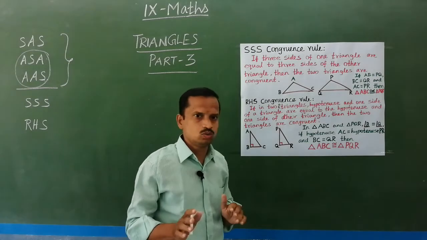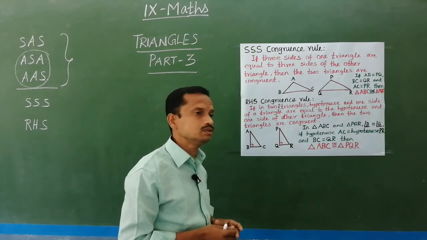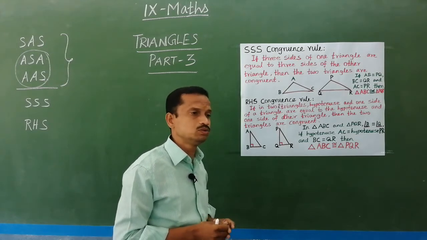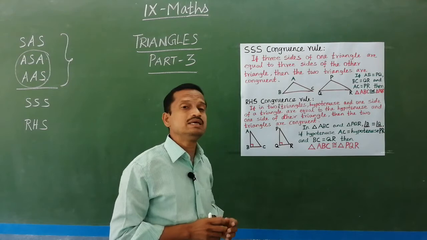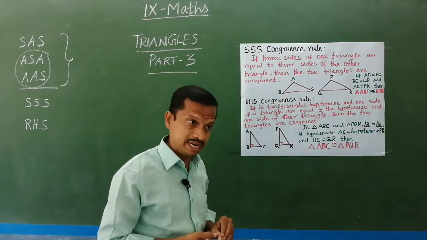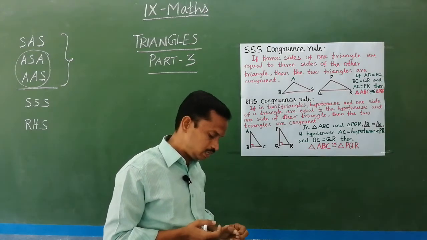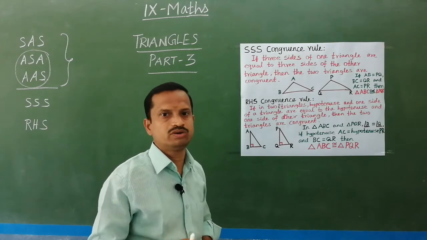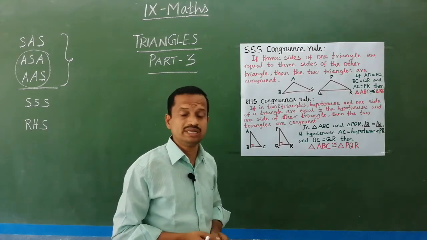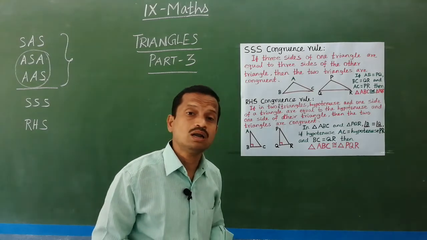The triple S congruence rule is applicable, but I already told you in the first class itself that the triple A congruence rule is not there. I explained about it also. Clear? Angle, angle, angle. If three angles of one triangle are equal to three angles of another triangle, we cannot say that two triangles are congruent.